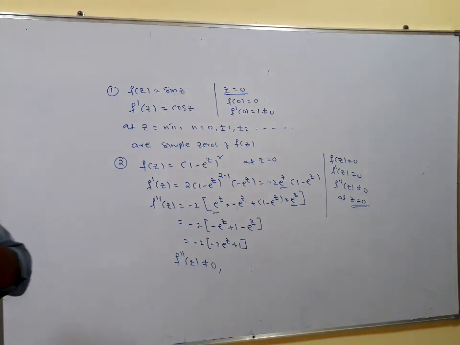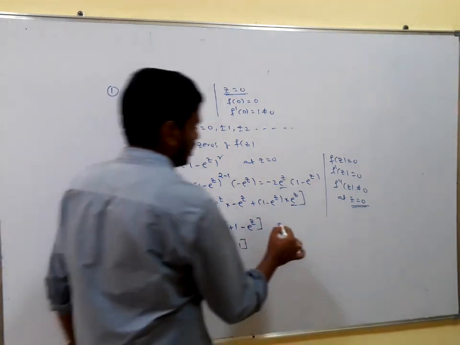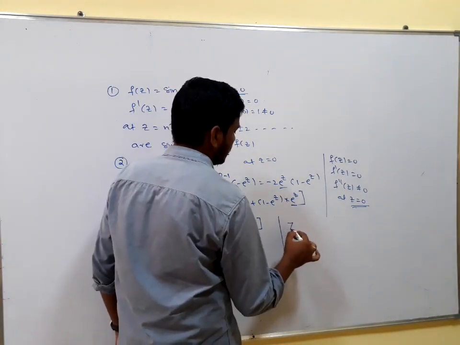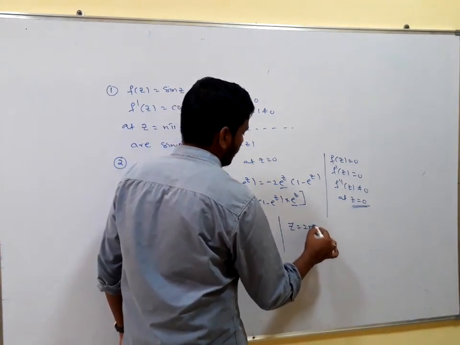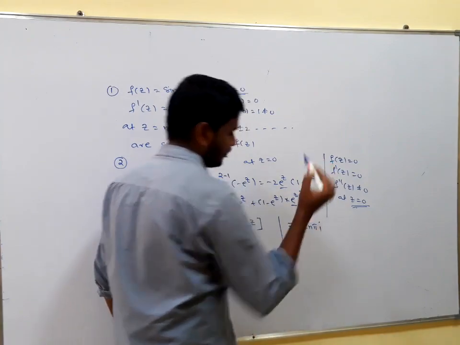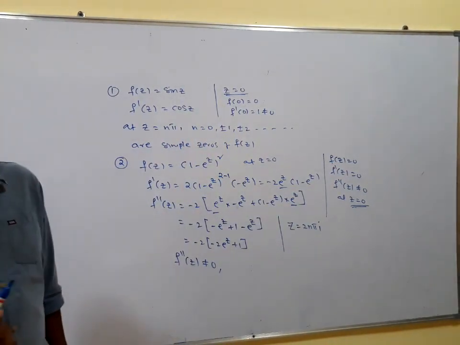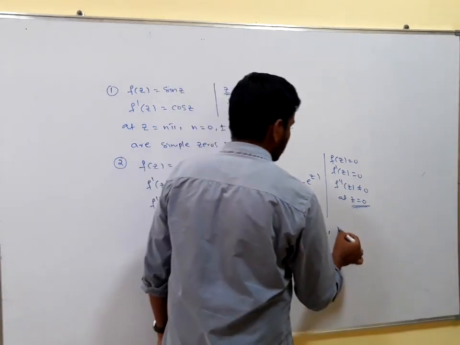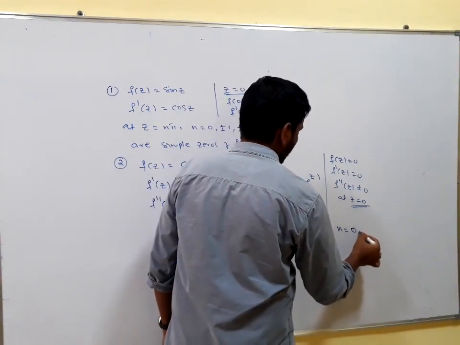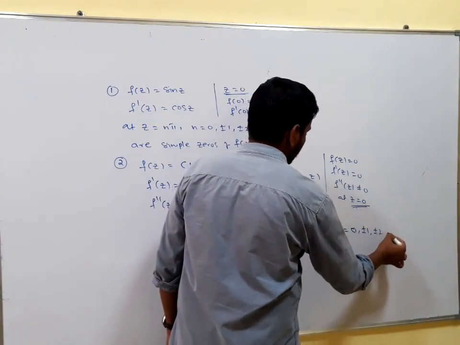Not only 0, we have different values of z. In generalization, z equals 2n pi i, where n equals 0, plus or minus 1, plus or minus 2, and so on.